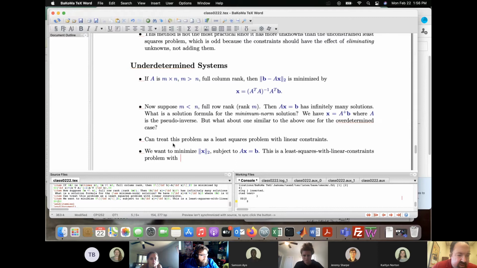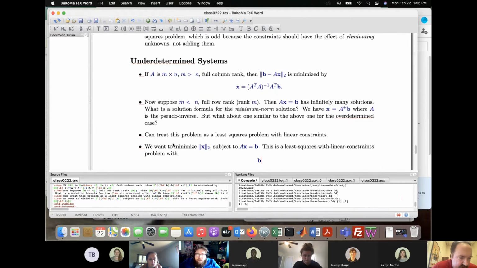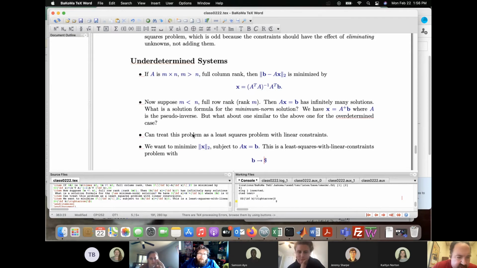So B, from the general description of the problem, becomes 0. A in that problem becomes minus identity.